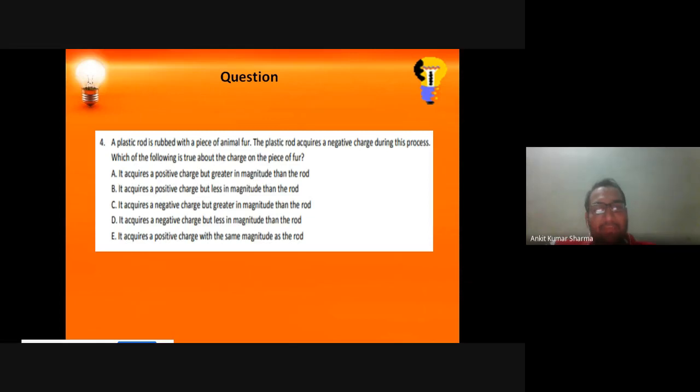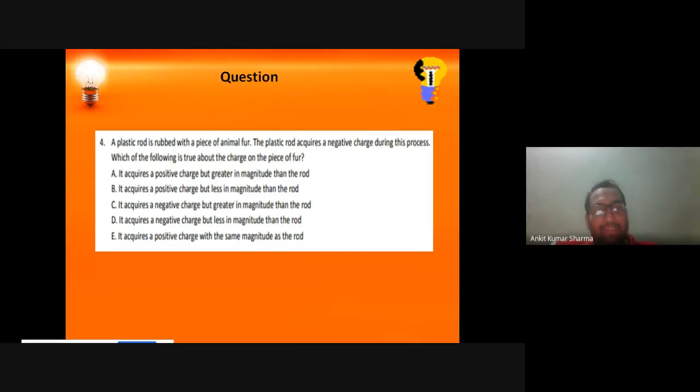Which of the following is true about the charge on the piece of fur?